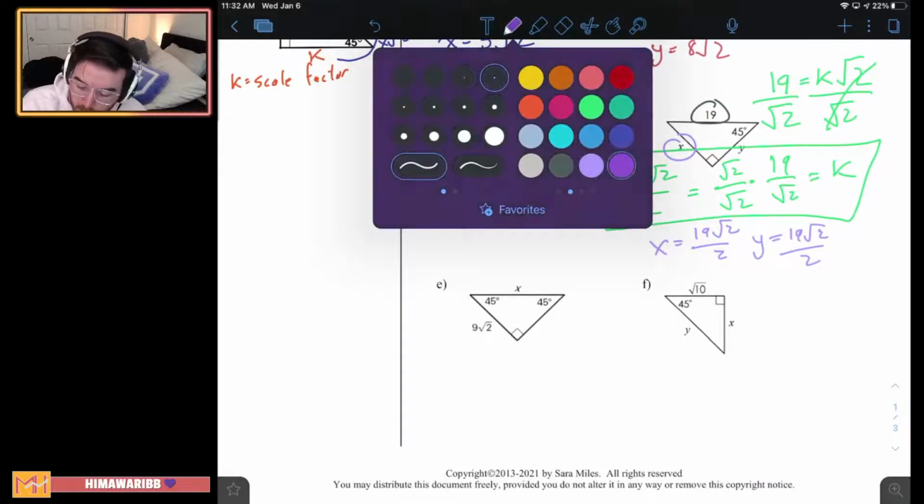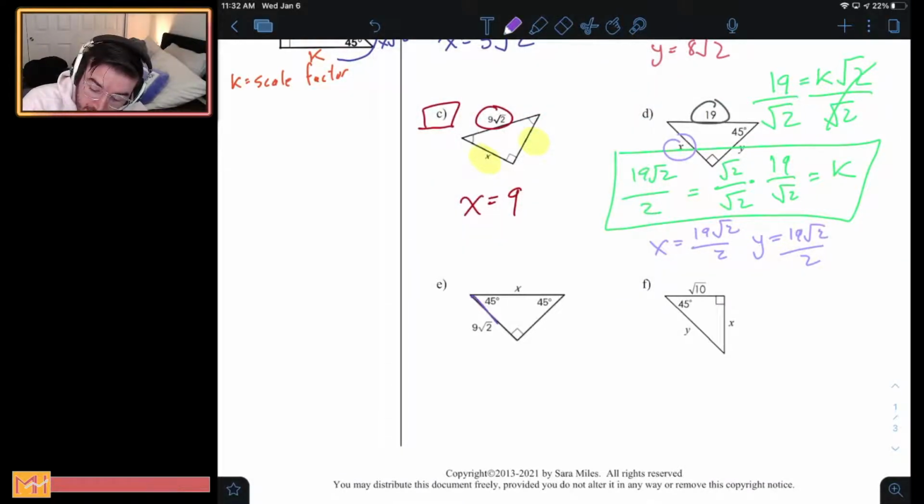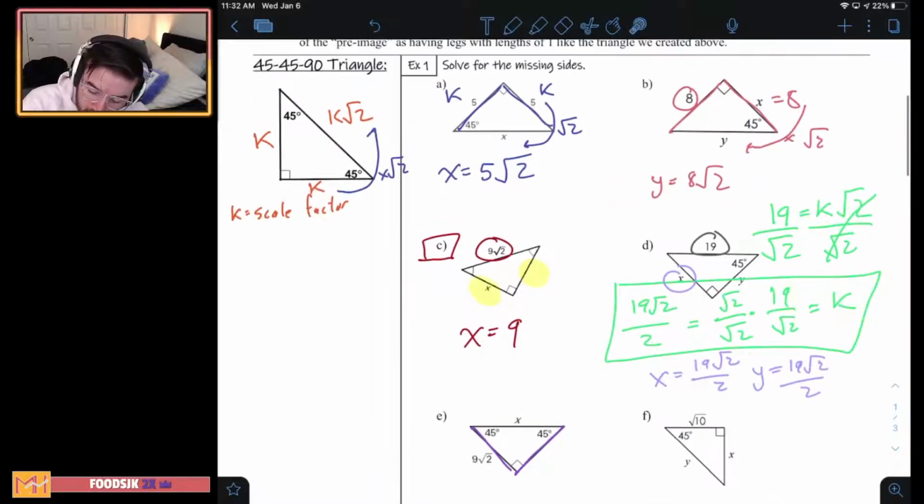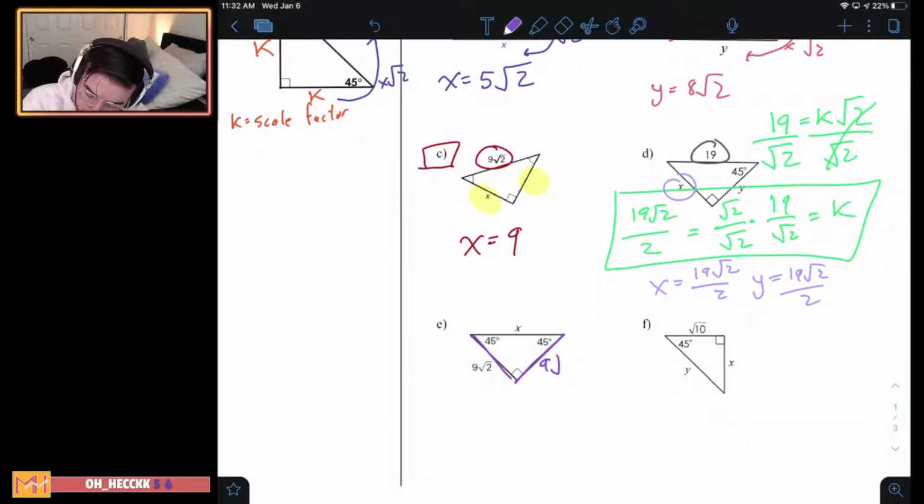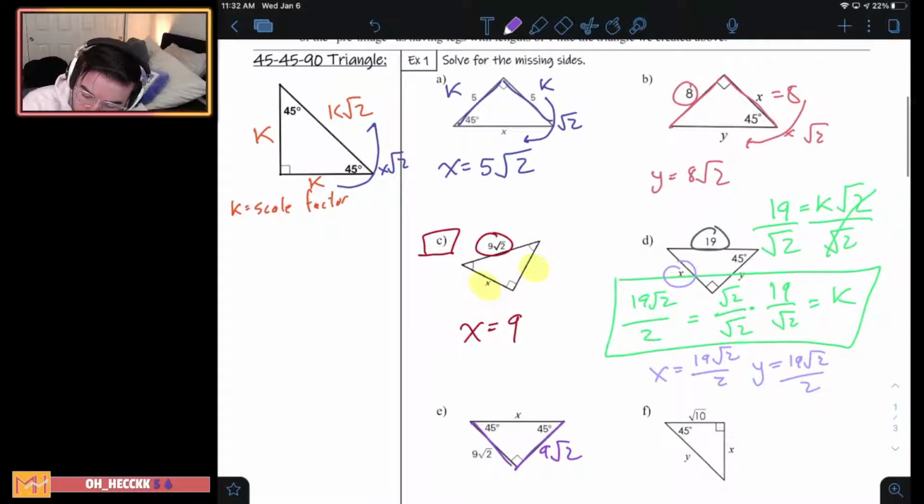Seeing another one will help you. So here, they gave us the leg. So in a 45, 45, 90 triangle, the legs are always the same. Compare it to either one of these problems up here. We said this is 5, well then that's 5. We said this is 8, well then that's 8. We're making the same conclusion here. If this is 9 root 2, then this is 9 root 2. And then how did I get to the hypotenuse?